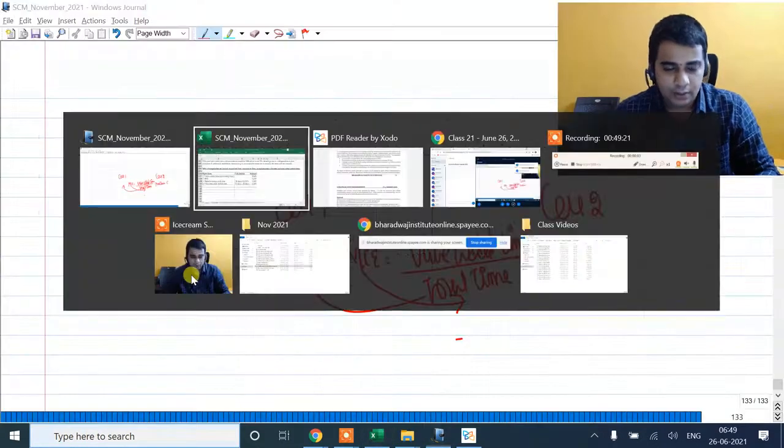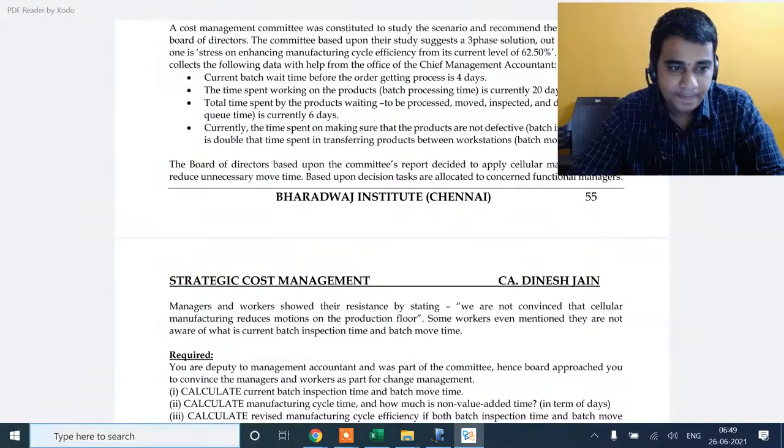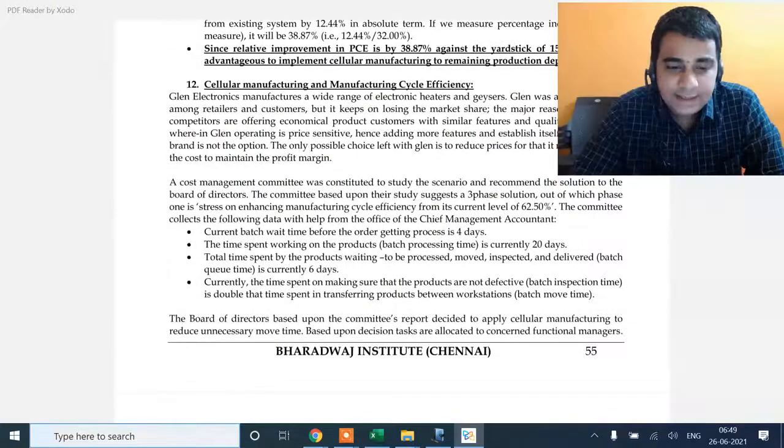Now the question also goes ahead and says, batch waiting time before the order getting processed is 4 days. Time spent working on the product is 20 days. Time spent by the products waiting to be processed, moved, inspected and delivered, queue time, is 6 days.